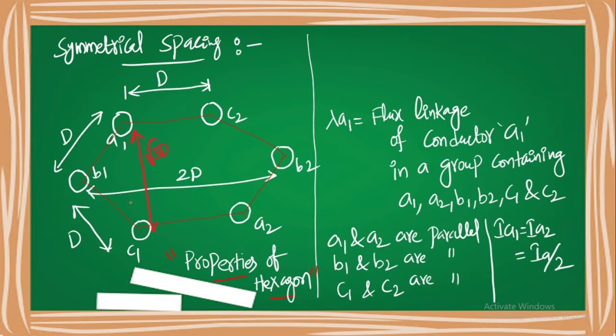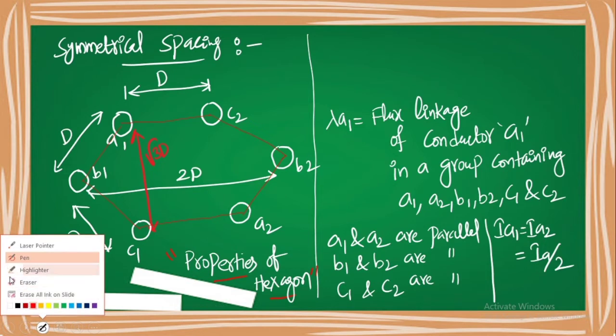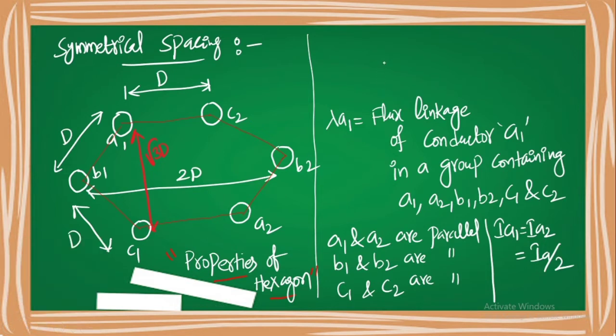Now how can I find the inductance? Let me start the derivation here. The inductance of a conductor, LA1, means the inductance of this conductor. It is not the phase here.